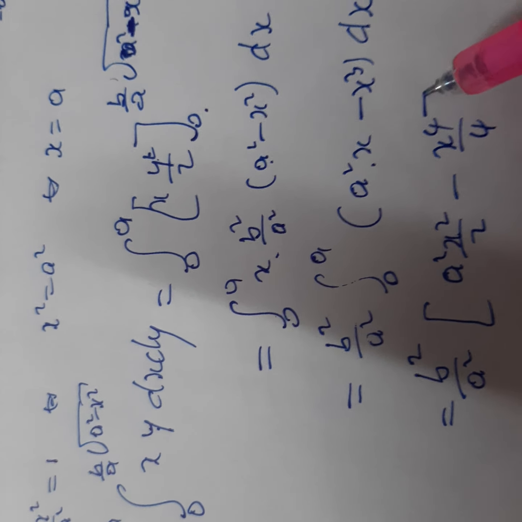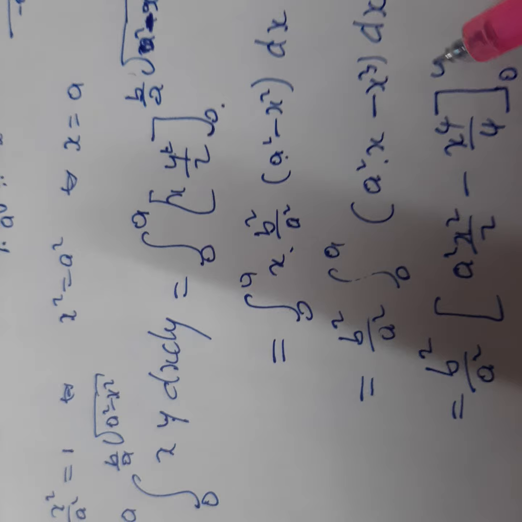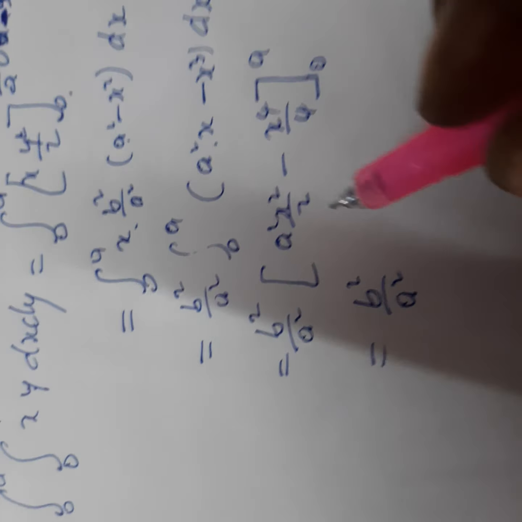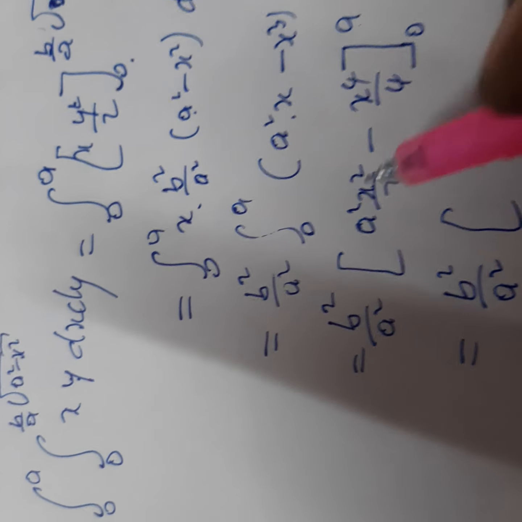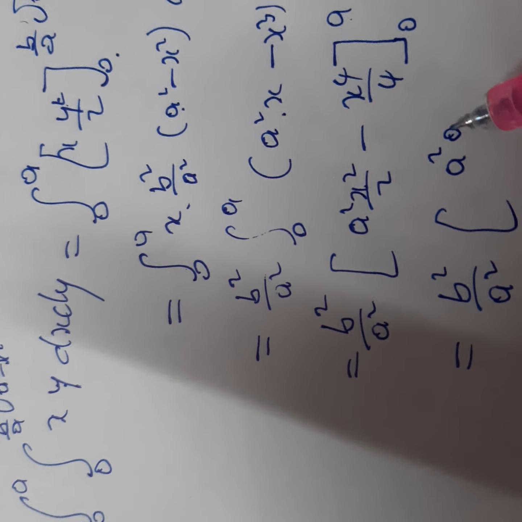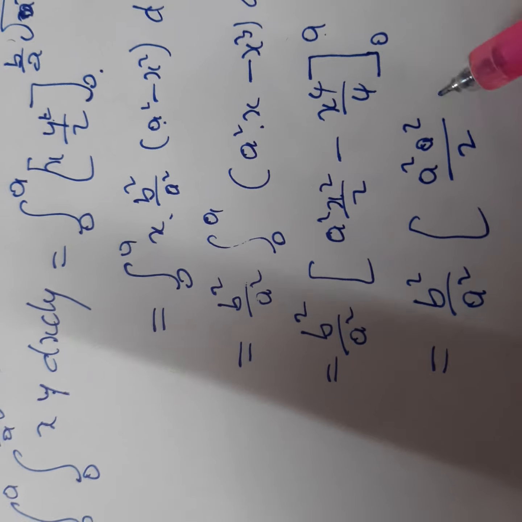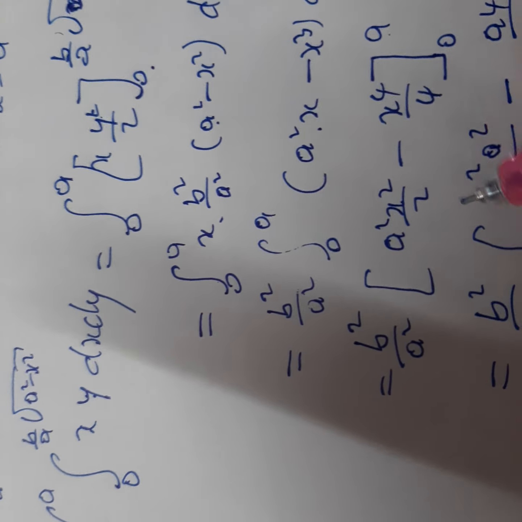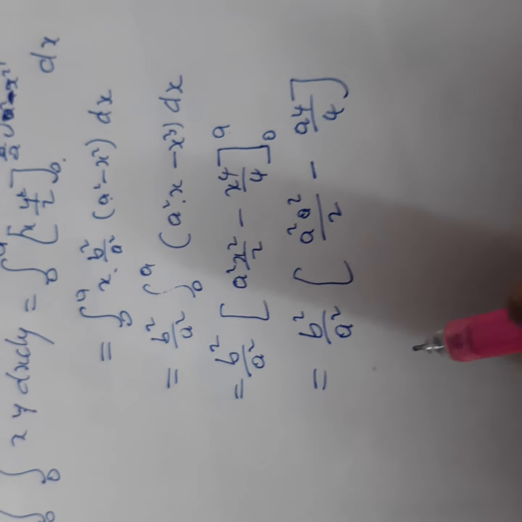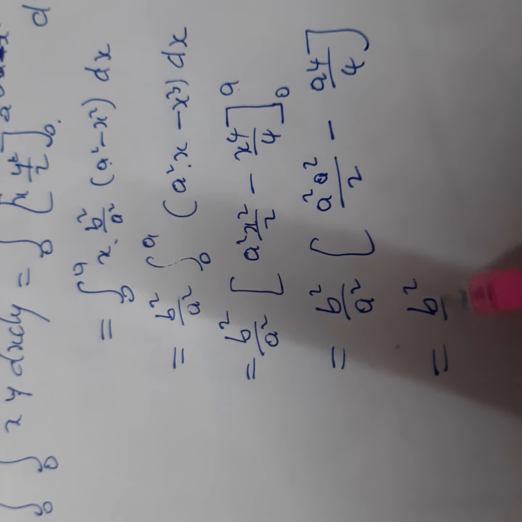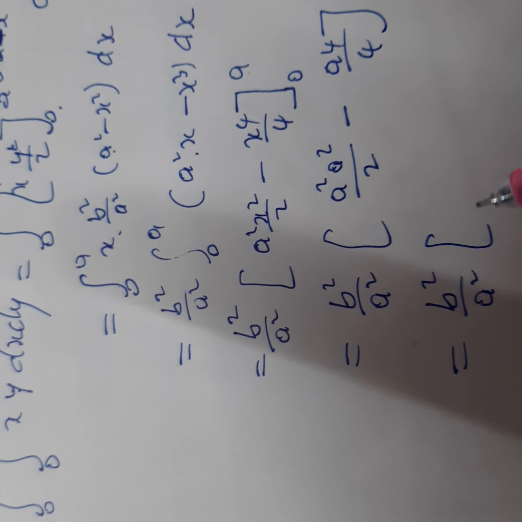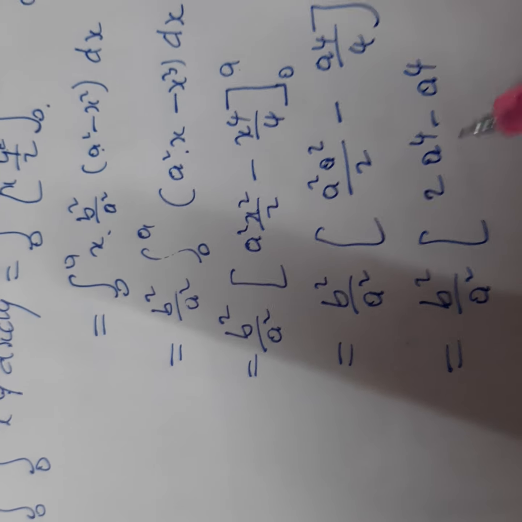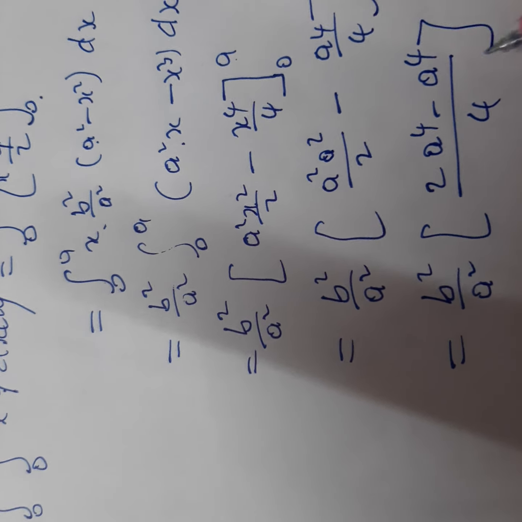Therefore, from 0 to a, b square by a square. Now upper limit, if I put, I get a square by 2 minus a to the power 4 by 4, lower limit 0. Then I have b square by a square into 2 times a to the power 4 by 4 minus a to the power 4 by 4.